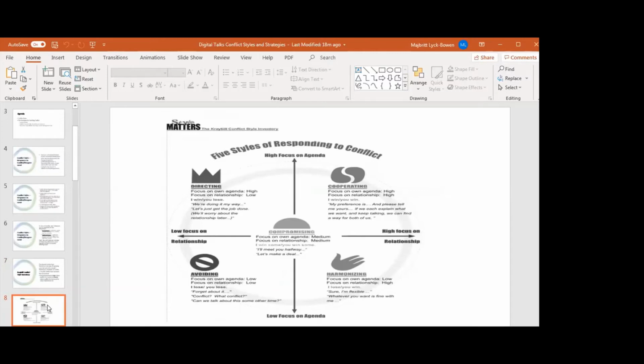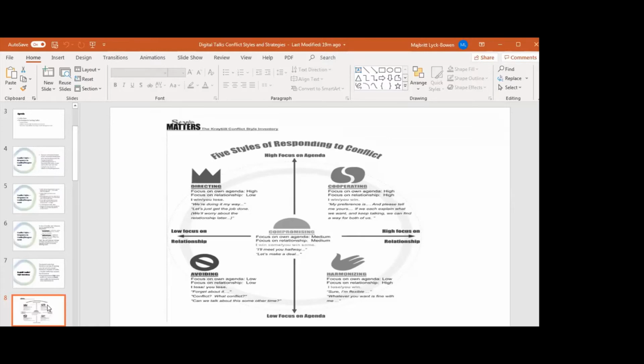So you might have 2 where the added numbers are very close together. So that just means that you have 2 that are the ones that you default to. But basically, if we look at these, one axis is the agenda, and the other one is the relationship, and that is basically the same as assertiveness for agenda, and cooperation for relationship, your willingness to cooperate with people.